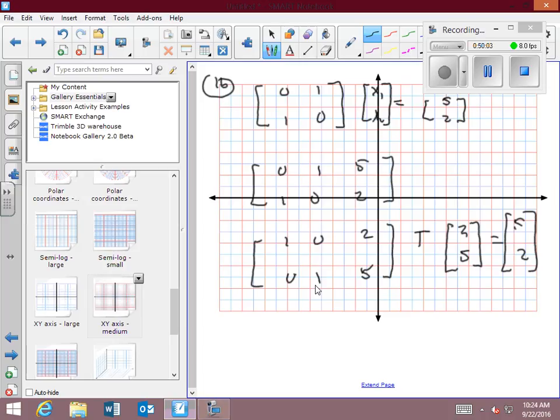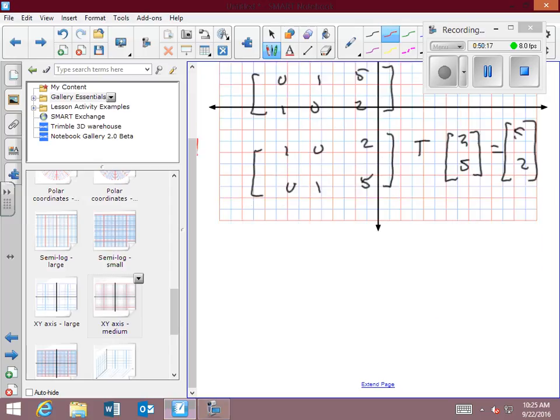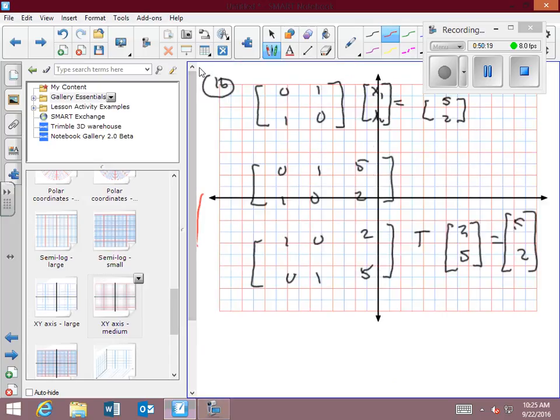So our vector x is 2 and y is 5. It's right up there in that, up in here, and transforming it into 5.